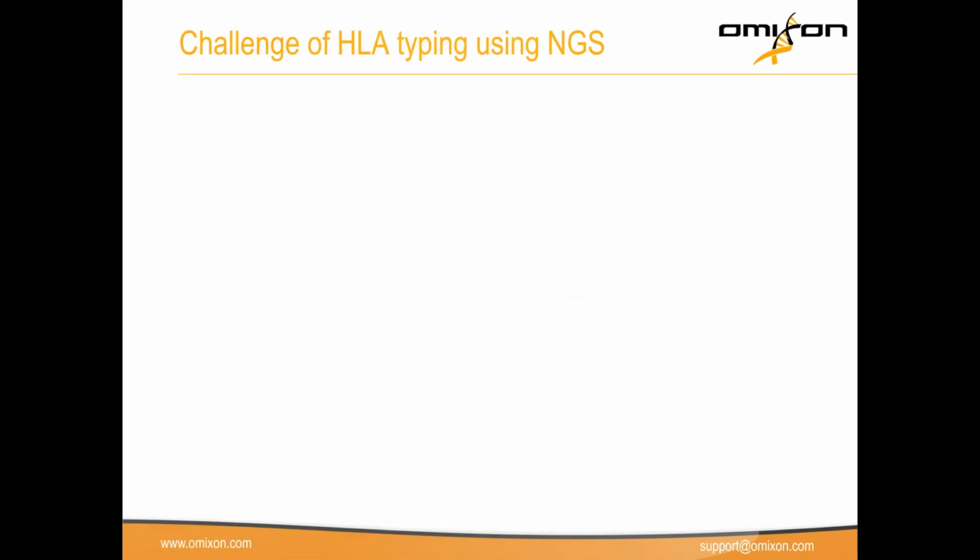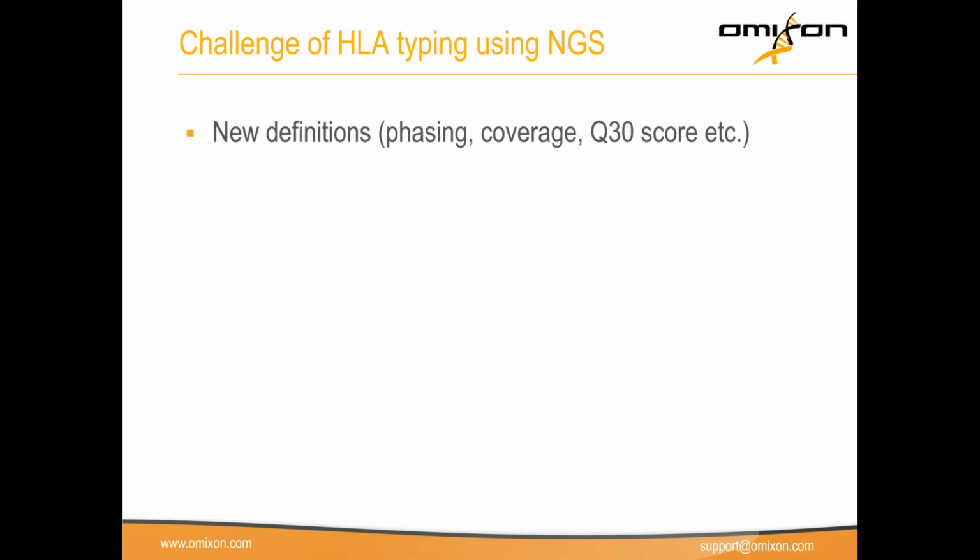However, of course, next generation sequencing also comes along with quite some challenges, because it is quite new. For example, there are some new definitions, some new words like phasing, coverage, Q30 score. So these are some things that a lab needs to get familiar with.